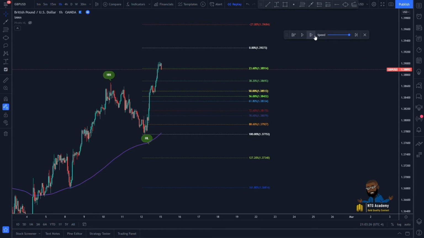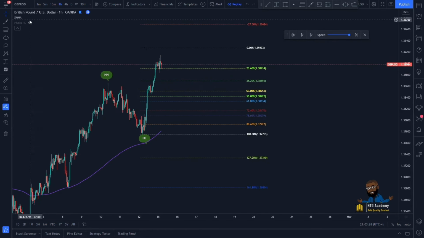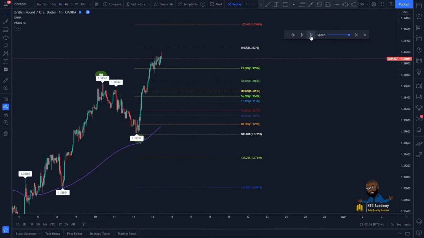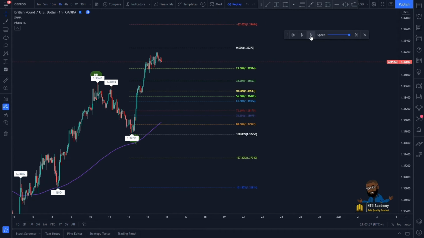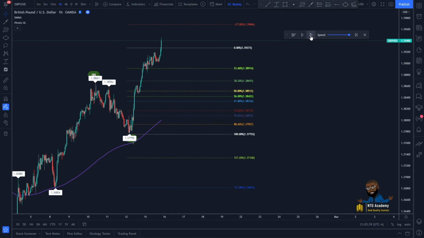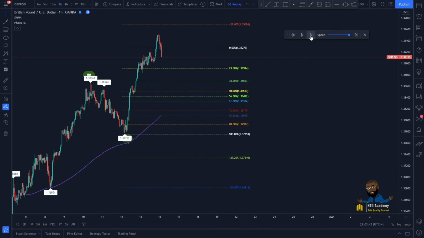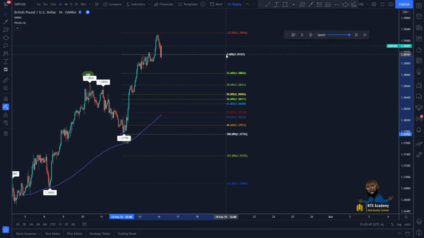So I'm just waiting for it. You can even use the pivot point high low indicator. Once it tells you that this is a new higher high, that's exactly where you want to mark up that 0% line. And you want to wait until we get that higher high. Do not draw fibs here too early.